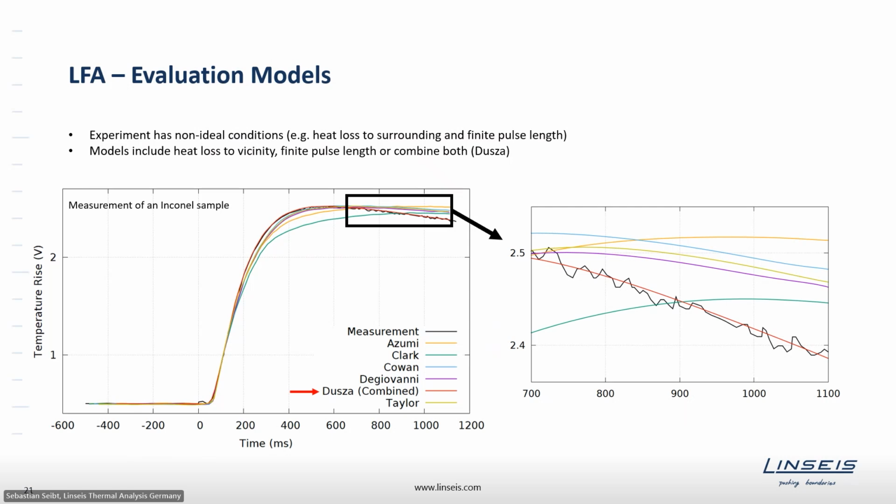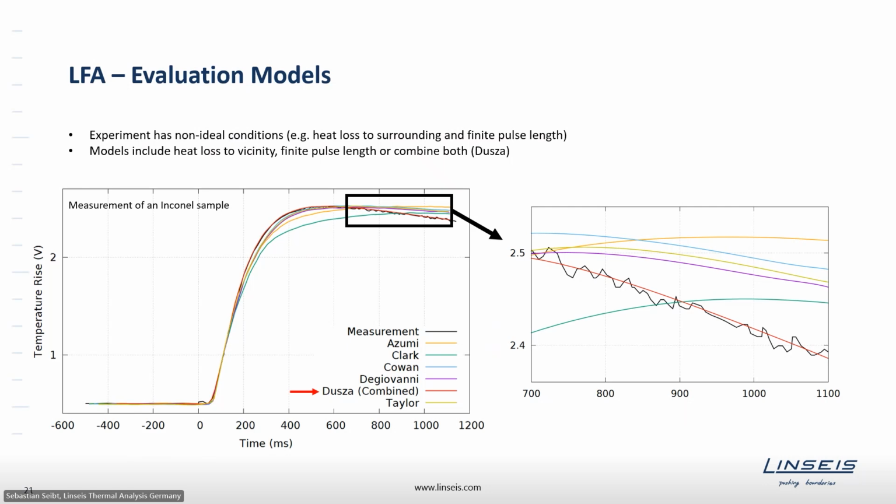What is very unique for Linseis is the so-called combined model by Dr. Dusza, who invented a model considering both effects at the same time. This leads to a very universal model, which can be applied to almost every material and makes data evaluation simple.